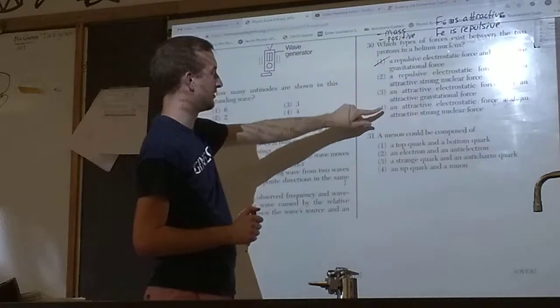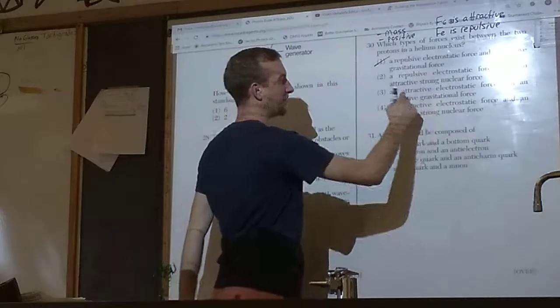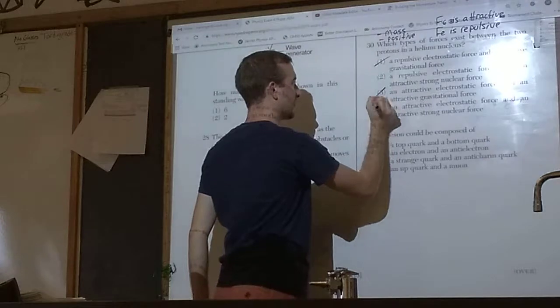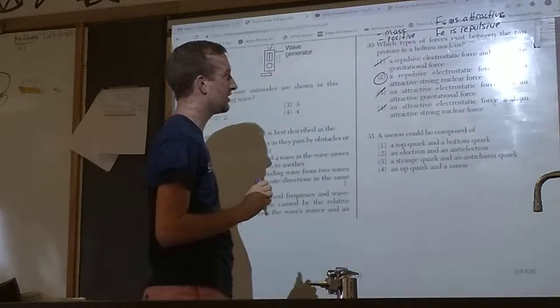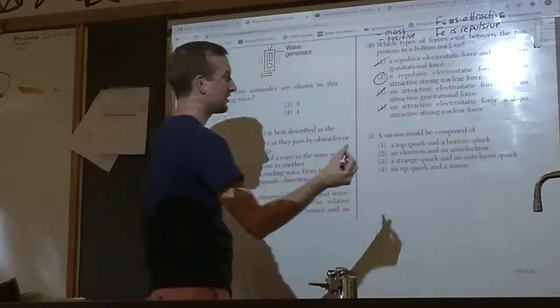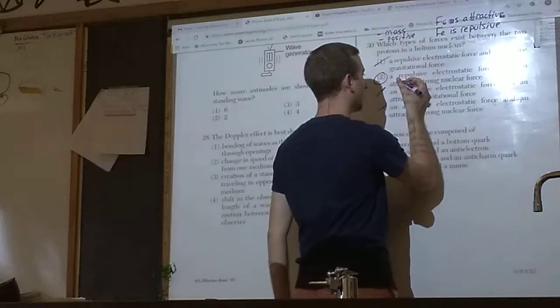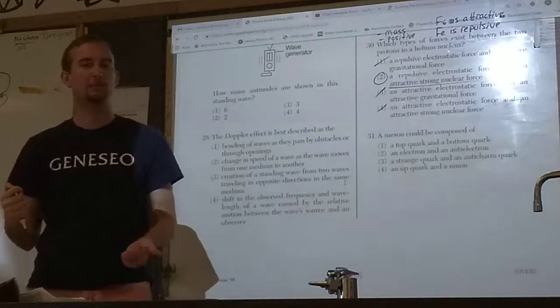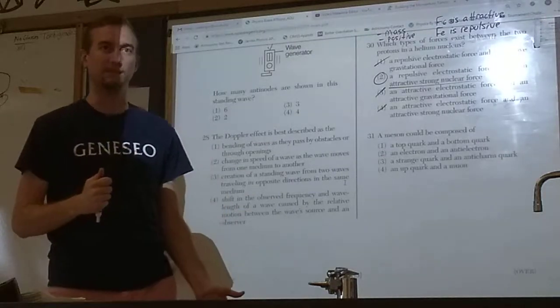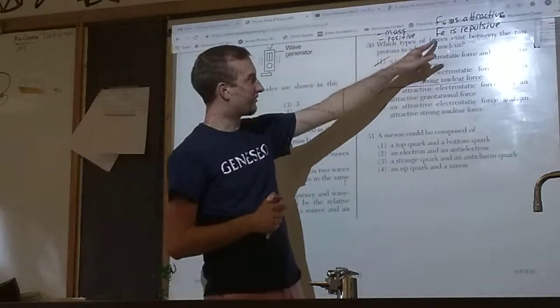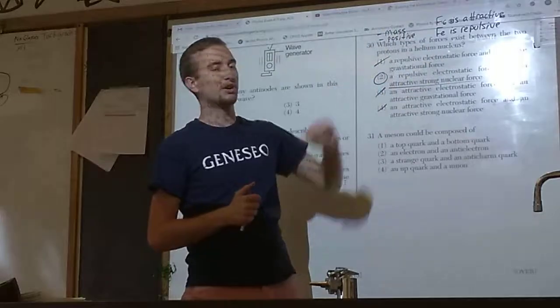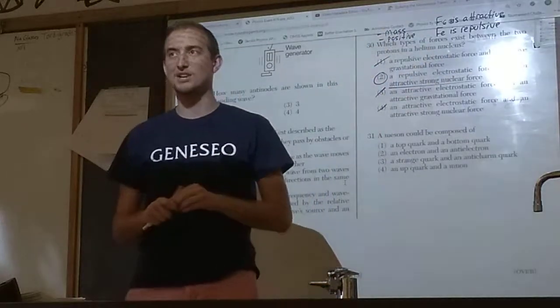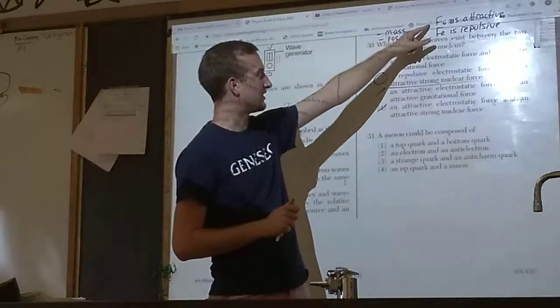2 fits the bill. 3 and 4, they are out. They say attractive electrostatic force. So that means number 2 is the only one that should be right. But look what it says here, and an attractive strong force. This is what we talked about at the very, very end of the year. Strong force does not come up until basically the very last unit. The electrostatic force is much, much, much stronger typically with things of this size than the gravitational force.